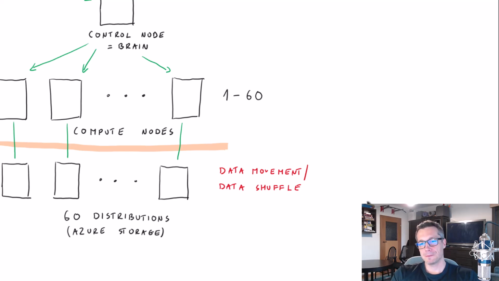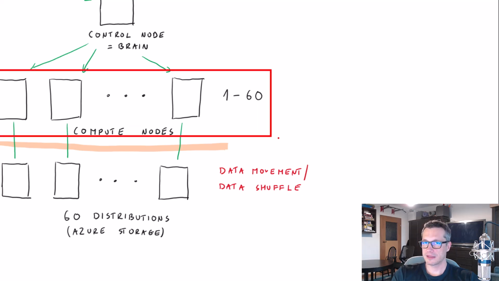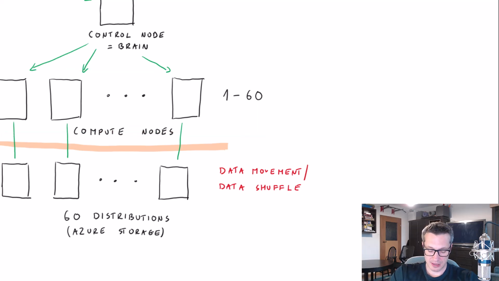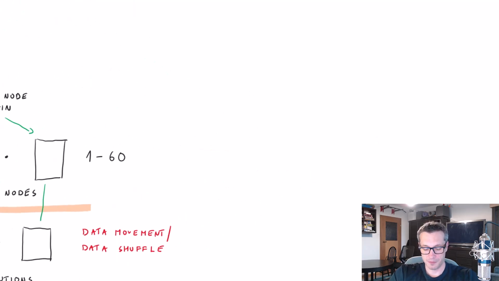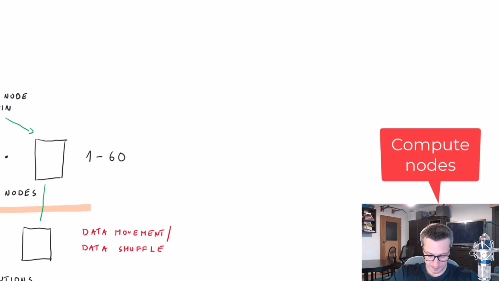Now, I told you that we can have between 1 and 60 compute nodes inside our dedicated SQL pool. So what determines this number, this power of our control node?